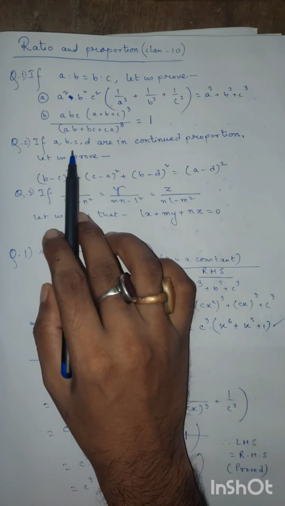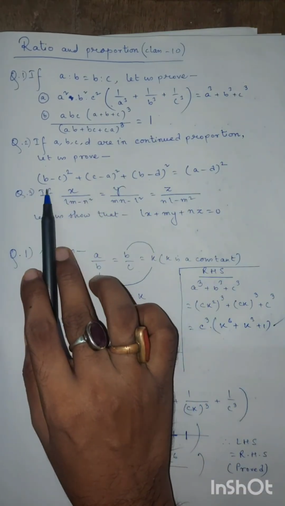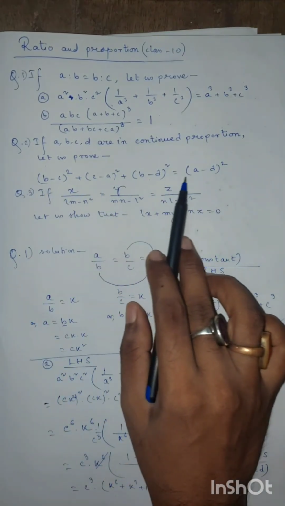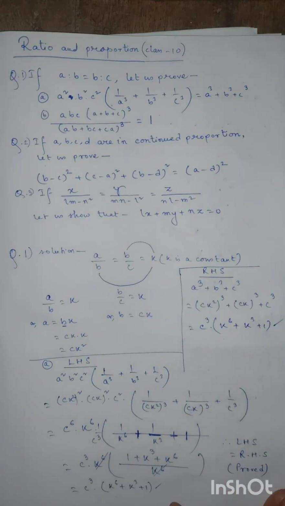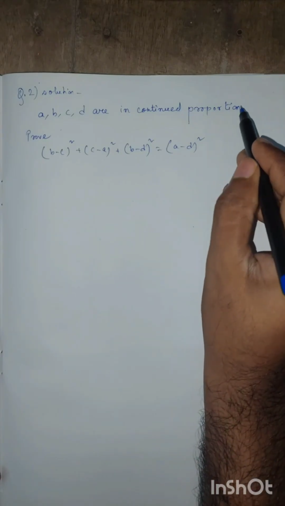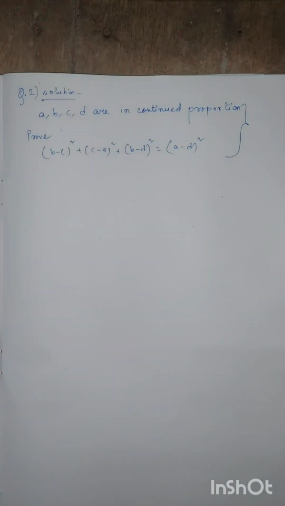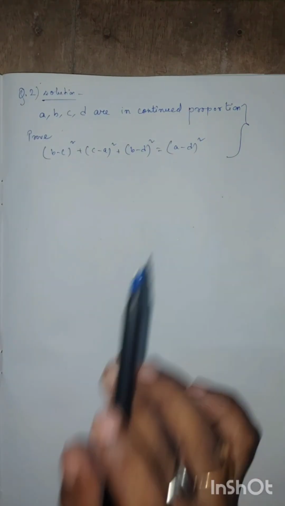It says if A, B, C, D are in continued proportion, let us prove this thing. So this is our question and we are going to find out the solution. We need to show this.